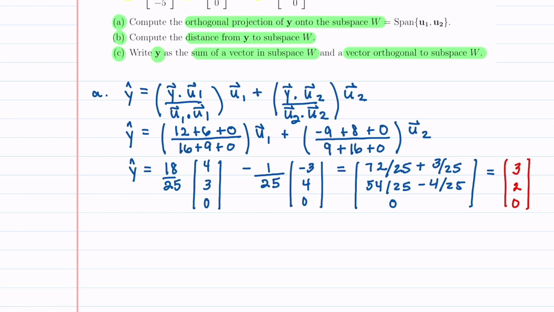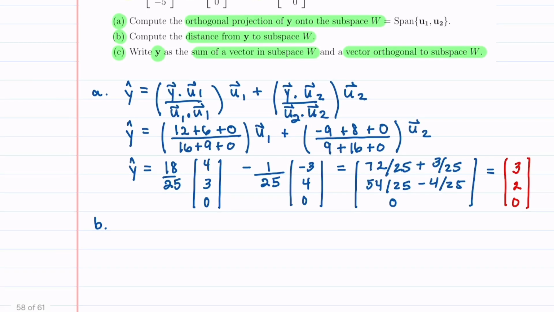Now let's look at part B. Part B, we want to find the distance from y to subspace W. So this distance is equal to the magnitude of y minus y hat. Let's go ahead and first compute y minus y hat.